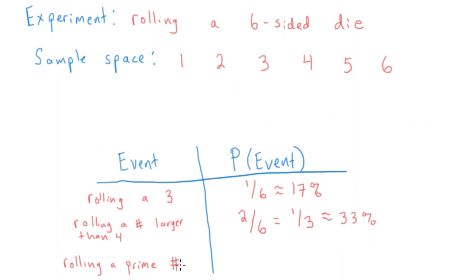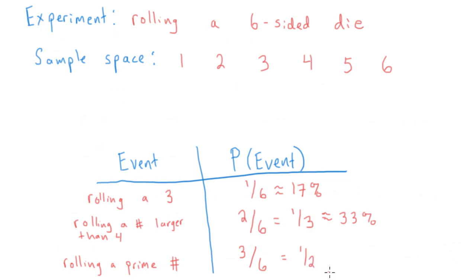So how many outcomes are favorable to rolling a prime number? Well, 1 is not a prime, 2 is a prime, 3 is a prime, 4 is not a prime, 5 is prime, 6 is not a prime. So it seems like there are 3 outcomes that correspond to rolling a prime number out of the 6 total.